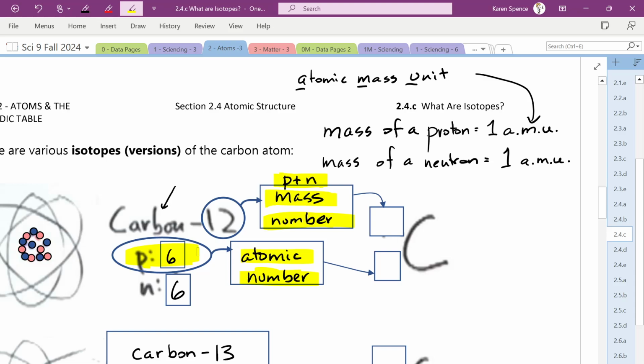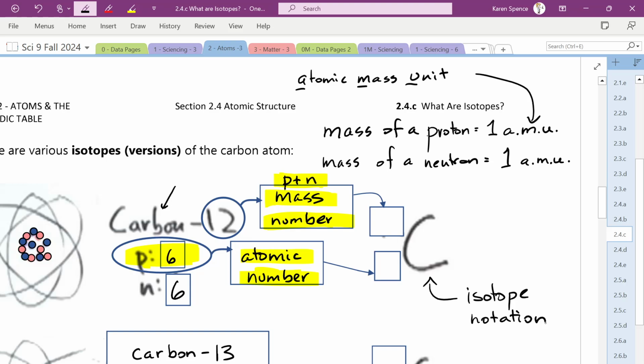Is that good? Okay. We are on page 84. When we write this, it is called isotope notation.